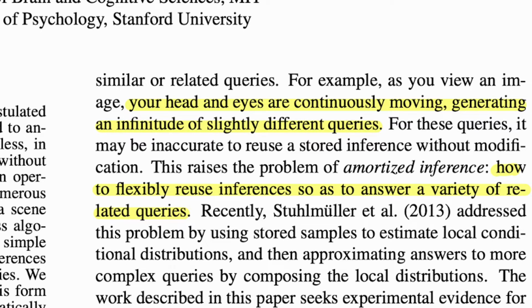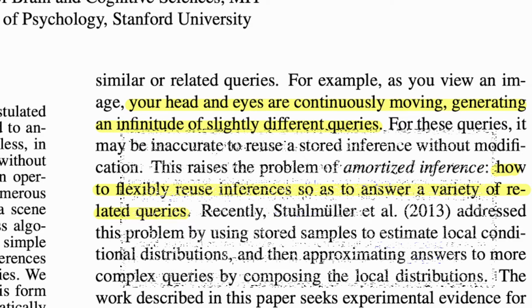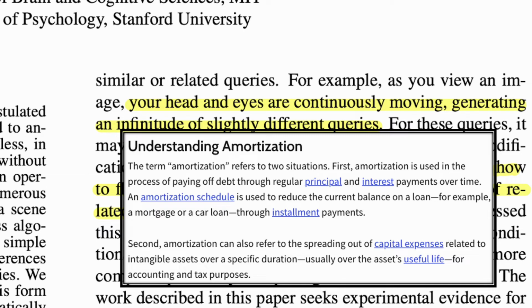Now, most likely you have heard this word amortization in the context of the home loan or mortgage. As such, amortization has several meanings based on the context it is used, but the interpretation that is relevant for our discussion is that amortization here implies spreading out the expenses over a period of time. Expenses in our case is that of computation.